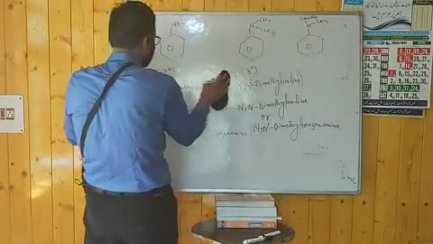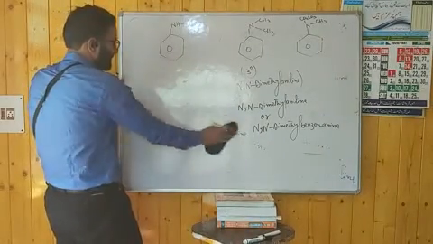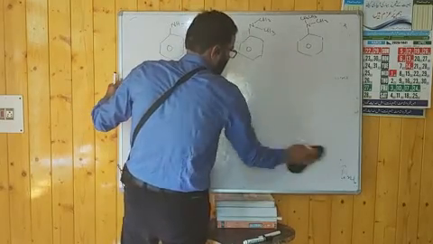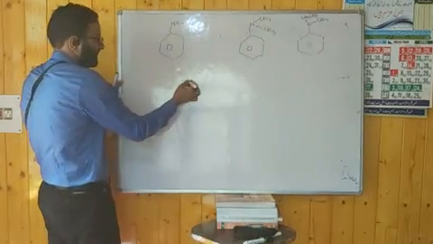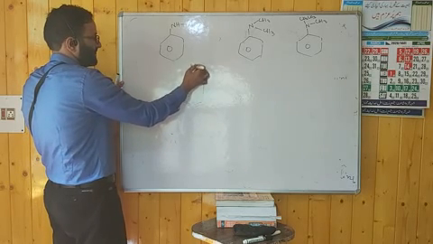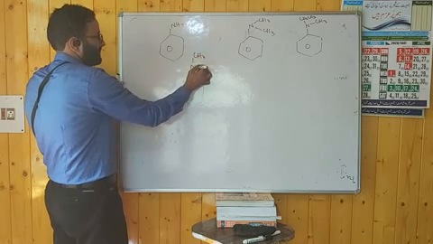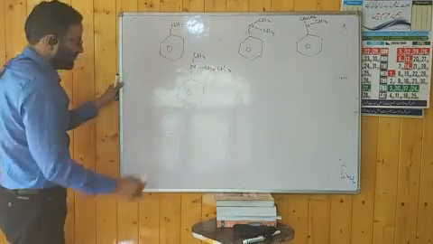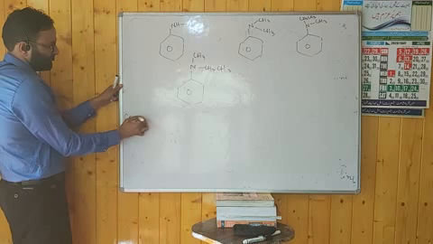Now, how can we write the name of the third one? I will take this third one here to make it clear. You have this one, and it is 3 degree, with CH2CH3. How can you name common and IUPAC?